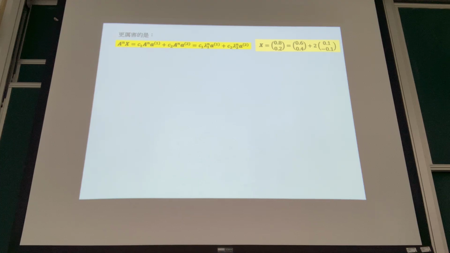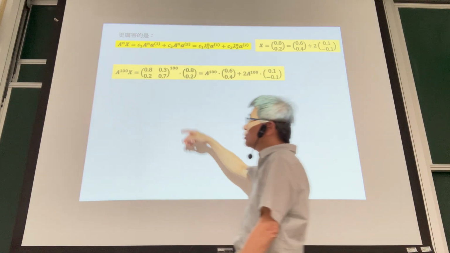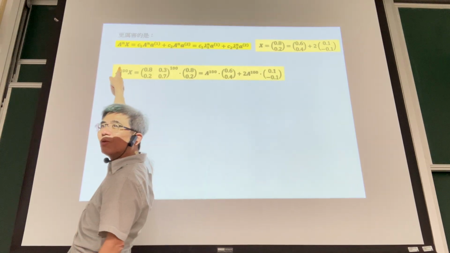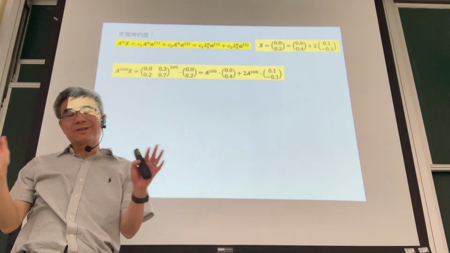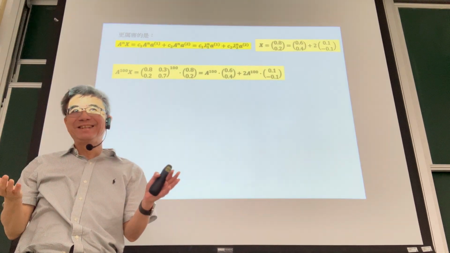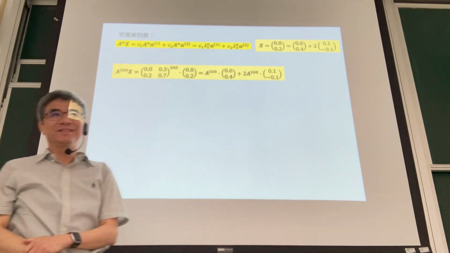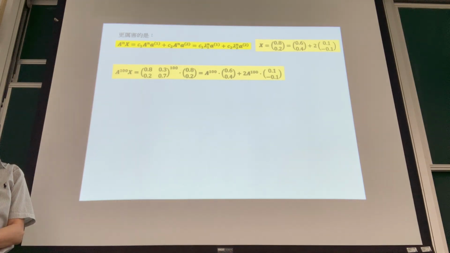That's okay, right? Now, if I want to multiply A to the 100 to x, you could not do it by hand, but now I can do it by this very powerful theorem.